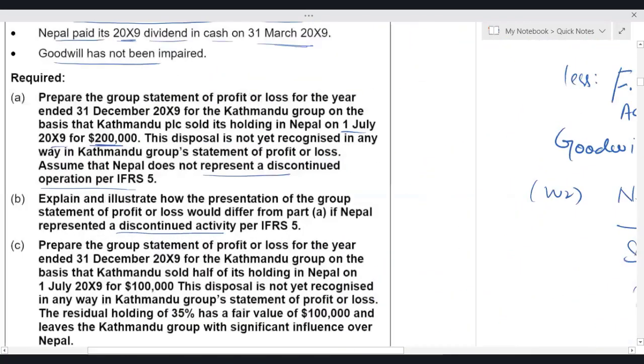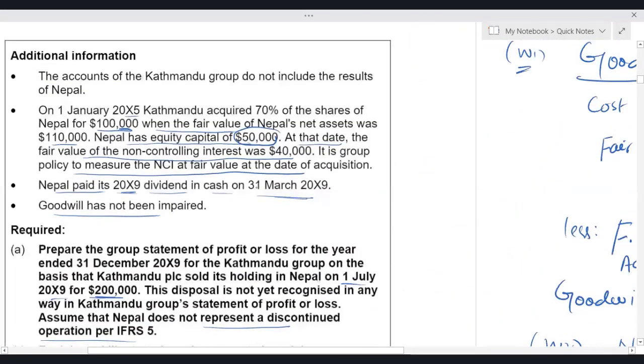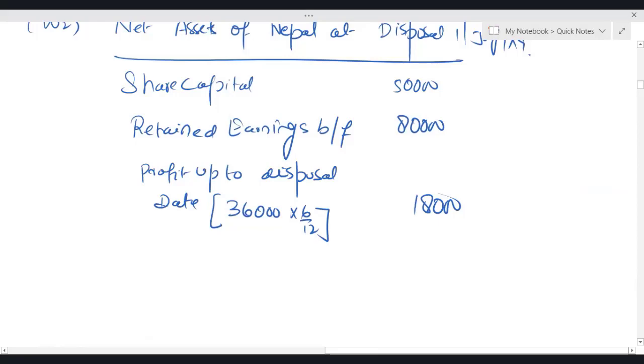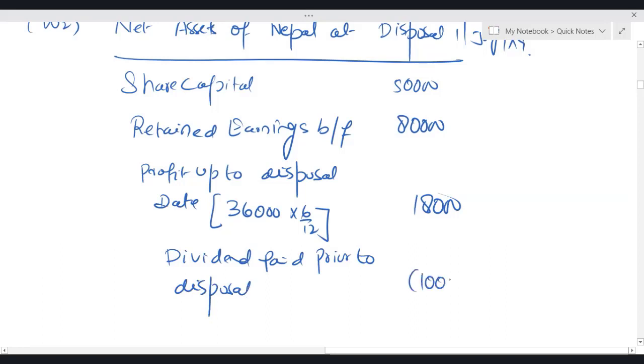The subsidiary has given a dividend, and the dividend was given in March X9. Since the dividend was given prior to the disposal, it will be deducted. Dividend paid by Nepal prior to disposal, 10,000.